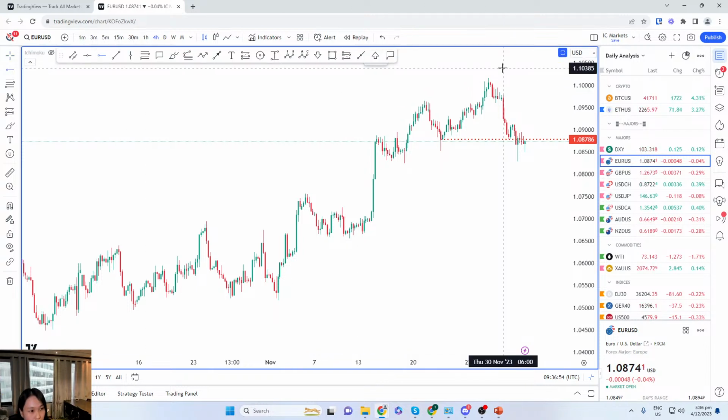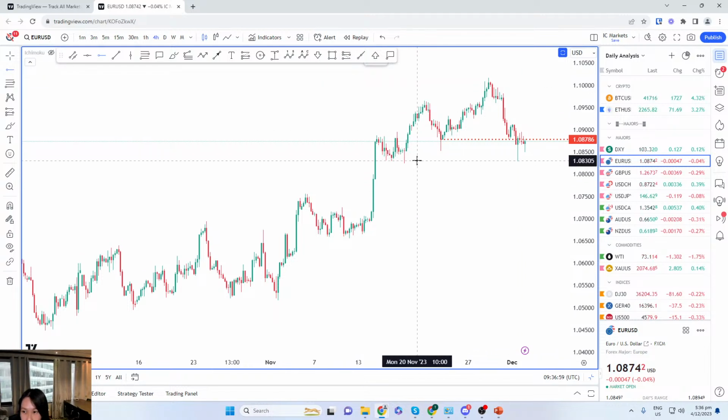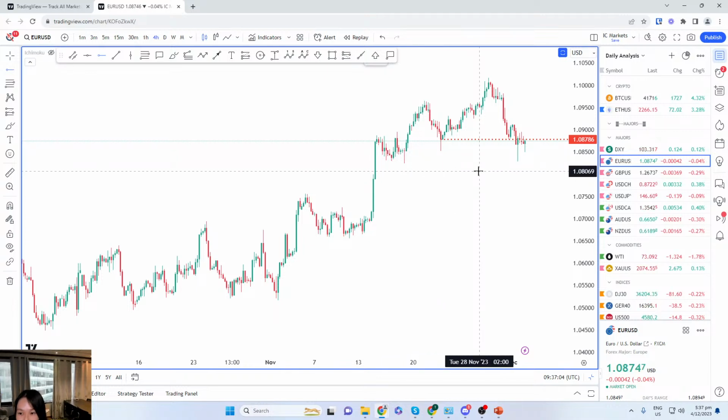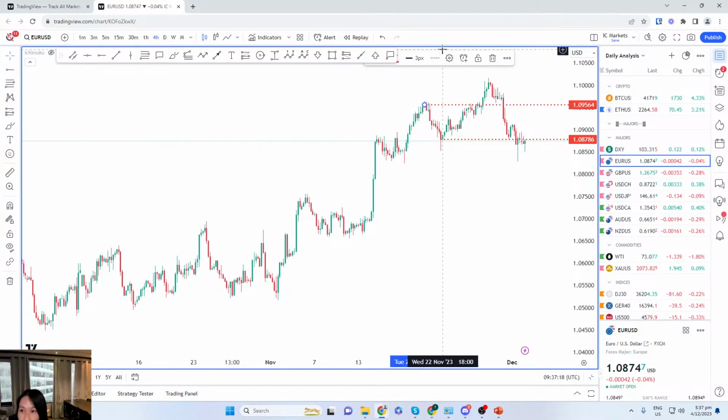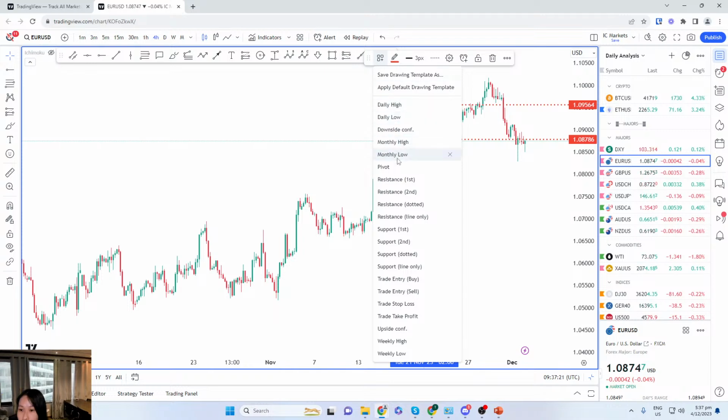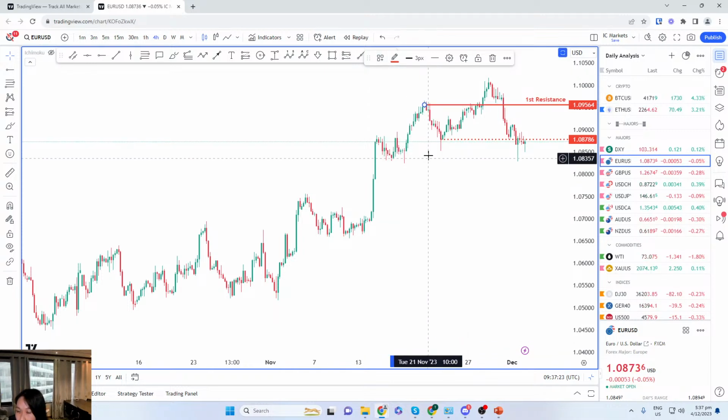Okay, next up, let's try to identify some other indicators. I'm going to take this as my first resistance.